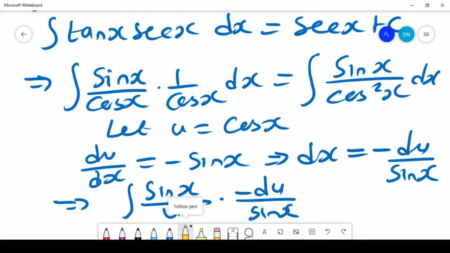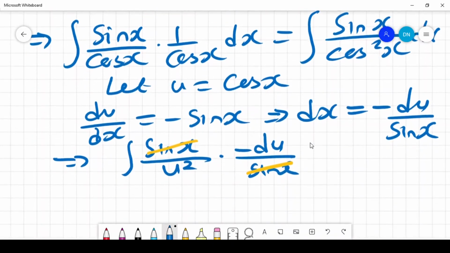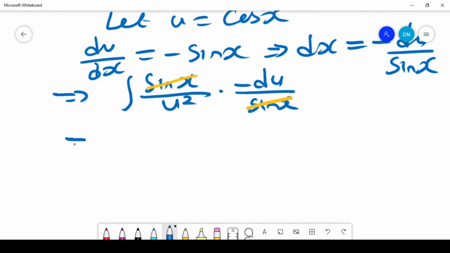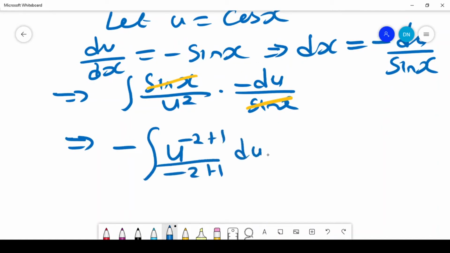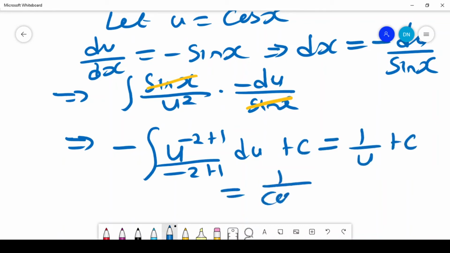What I'm sure about is that these two will cancel out, and that makes it easier for me. With that information, what I have is negative u raised to power minus 2 plus 1, divided by minus 2 plus 1, plus c. That gives me 1 over u plus c. And we know what 1 over u is? 1 over u is 1 over cos x plus c, which gives me sec x plus c.